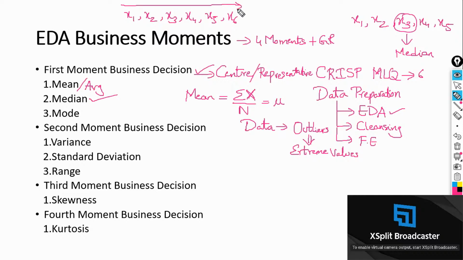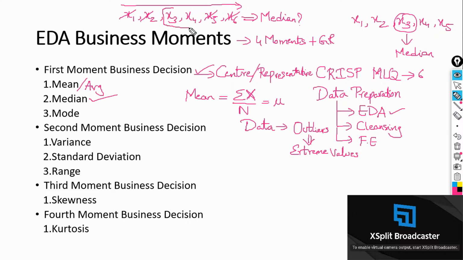Ordered. Now, the question is, how can I calculate the median for this data? It is nothing but the average of the middle two values. See, this one gets cancelled, this one and this one. So, do I have a middle value? No, because the number of observations is even.